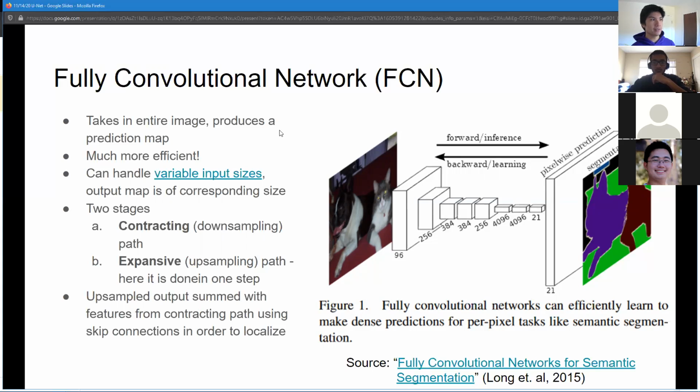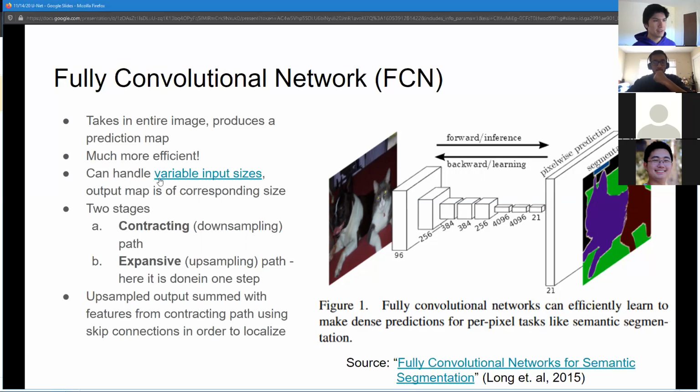One is that it's able to handle different sizes of your input image. One drawback of a traditional convolutional neural network is that you can only take in a fixed size. That has to do with the fact that when you're designing your model, you have to take into account the size of your convolutions and pooling layers and so on. So that automatically fixes what your actual image size can be.